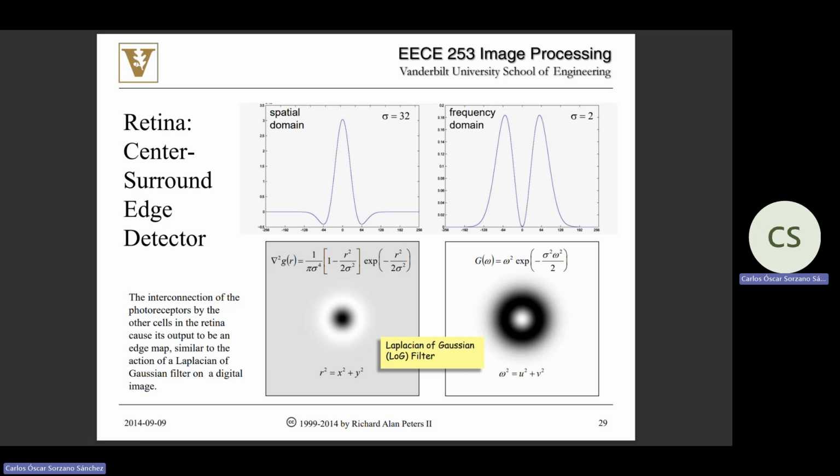It is this one, which is just the Fourier transform of this one. So that means that what we see is a kind of bandpass filter. The very low frequencies we don't see, the very high we don't see either, and then we have a maximum at middle ranges. And this is just the equation of the Fourier transform of the Laplacian of the Gaussian.